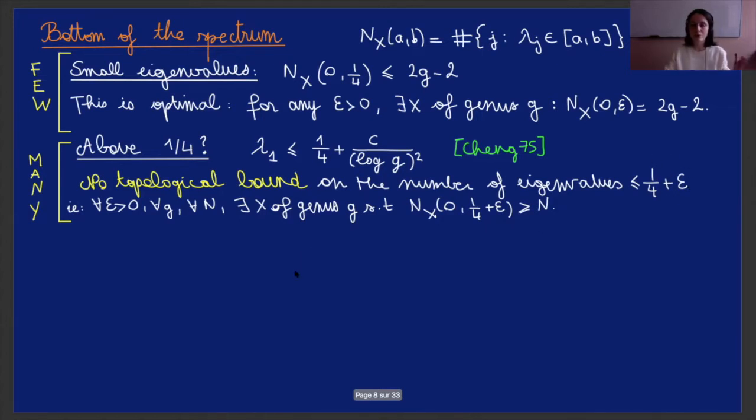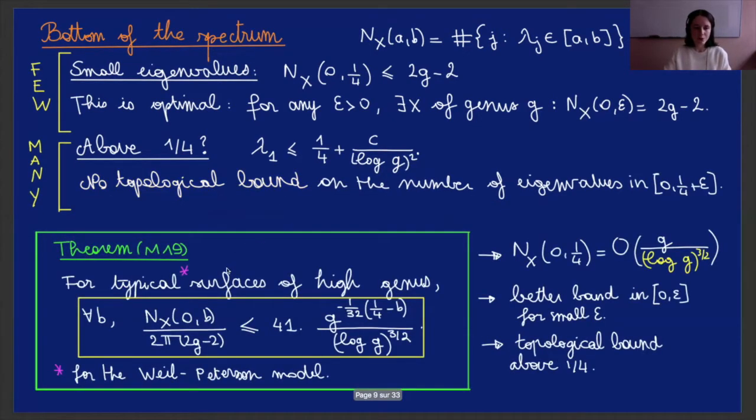There are surfaces of fixed genus with an arbitrarily large number of eigenvalues between 0 and 1/4 plus epsilon, if epsilon is strictly positive. So there can be many eigenvalues just above 1/4, and that's also somehow topological. You wouldn't expect surfaces to suddenly have so many eigenvalues above 1/4.